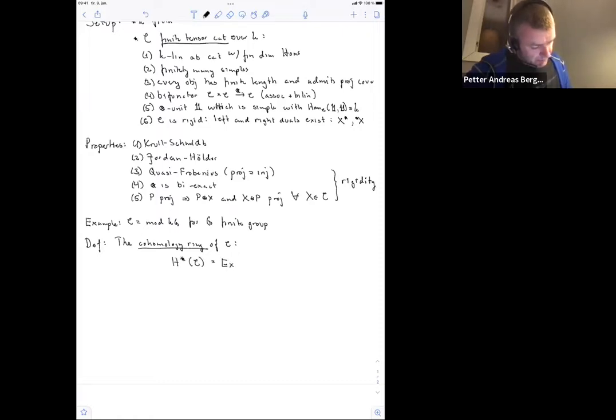So that's the cohomology ring of the unit object. In other words, just the direct sum of all the Ext's, where the ring product is the Yoneda product.